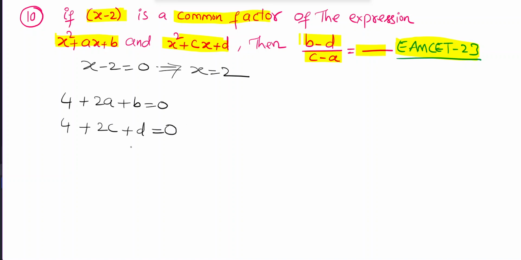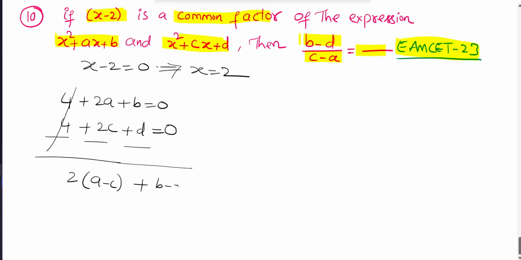So subtracting these two equations, this is minus, this is also minus, this is also minus. Here 4 4 cancelled. So 2a minus 2c, take 2 common, that is 2 of a minus c plus b minus d is equal to 0.